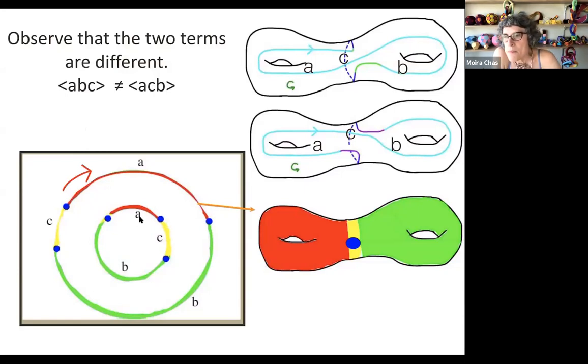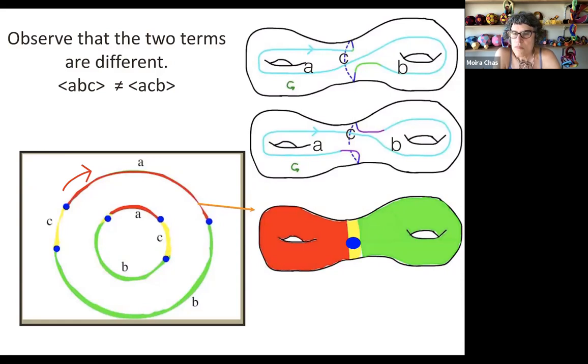Moira? Yep. Sorry to interrupt, but I wanted to ask before you got far away. Those two curves, they should be inverses in the algebra, are they? Are they sort of inverses under that Goldman bracket, those two curves? What do you mean inverses?